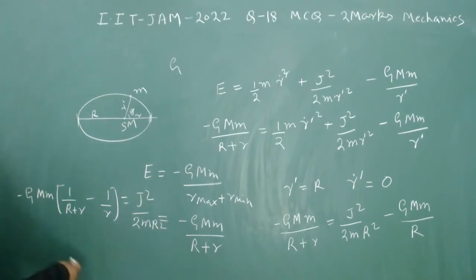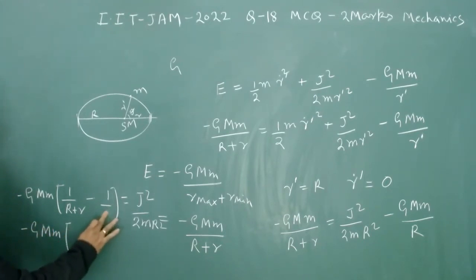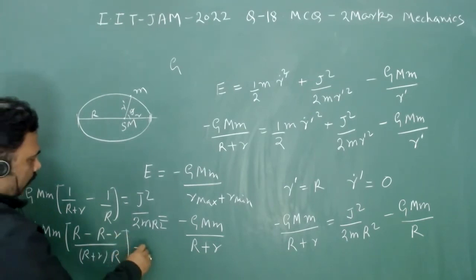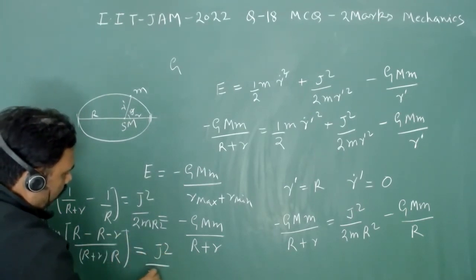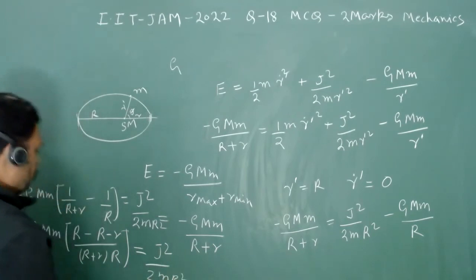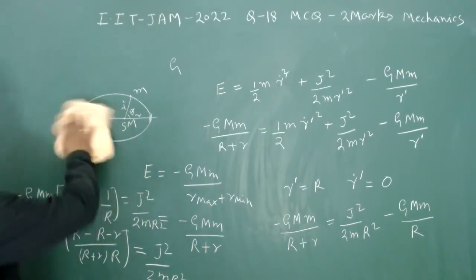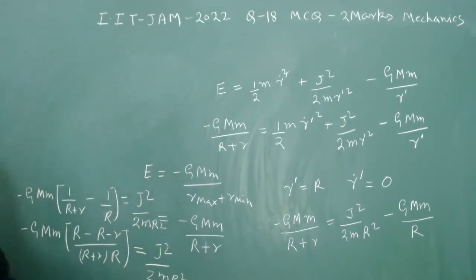So when we calculate it, that value is minus G capital M small m, sorry, this will be capital R actually. So R minus r by R plus r into capital R, and this is J square upon 2m R square. Now when we solve this particular equation, we can easily figure out the value of J. Let's try to calculate the value of J here.